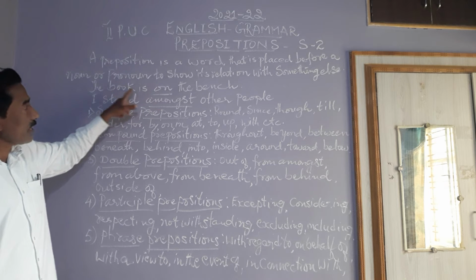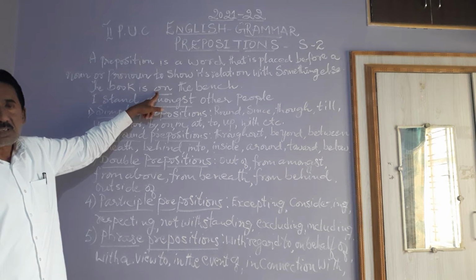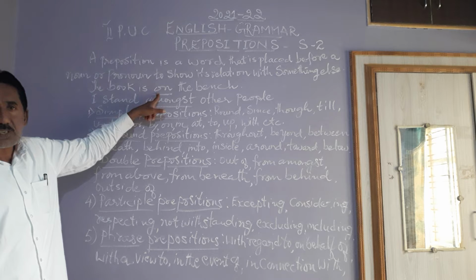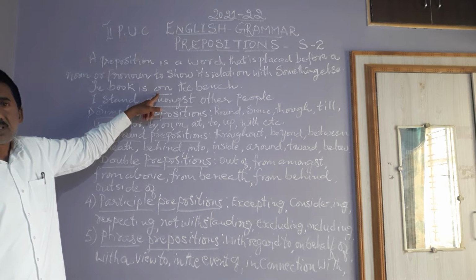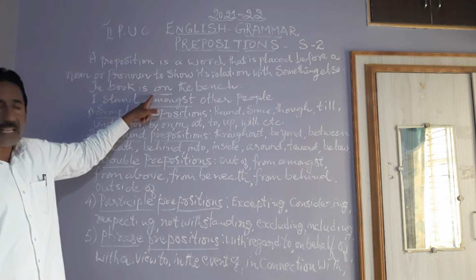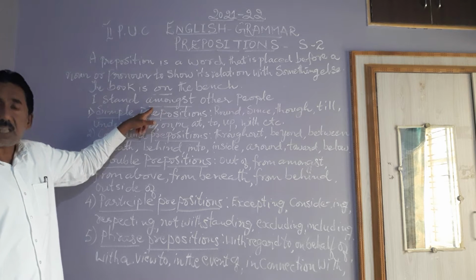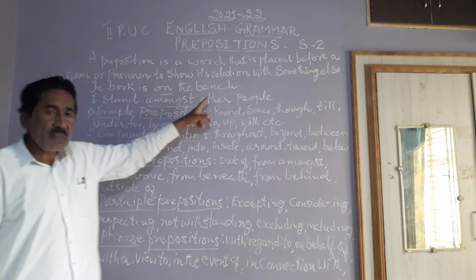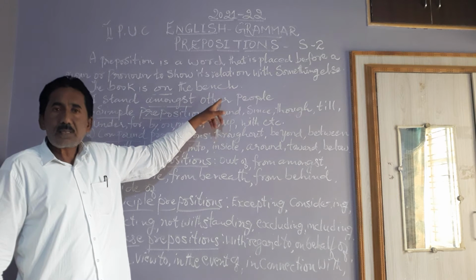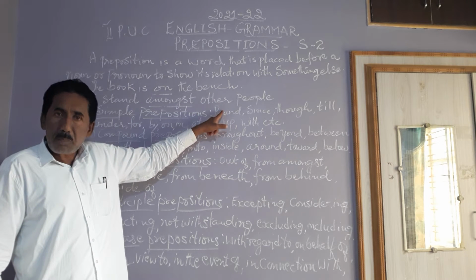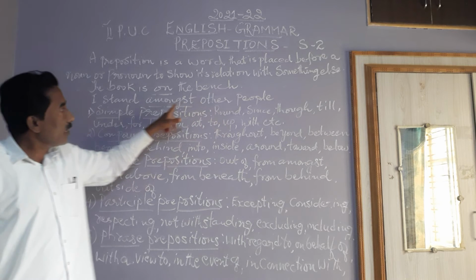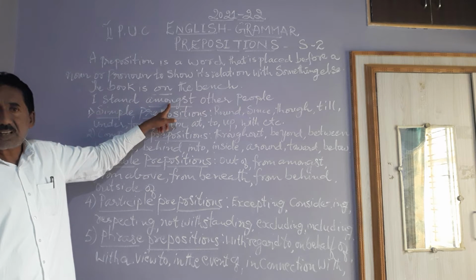So we cannot say the book is over the table. The book is above the bench. We cannot use that. I stand amongst other people. So it is a group of people. It is the mass. It is a mob. It is a crowd. So we call it "amongst other people."